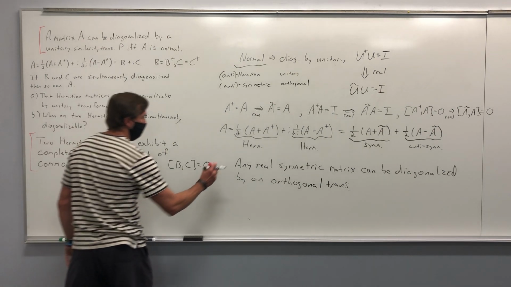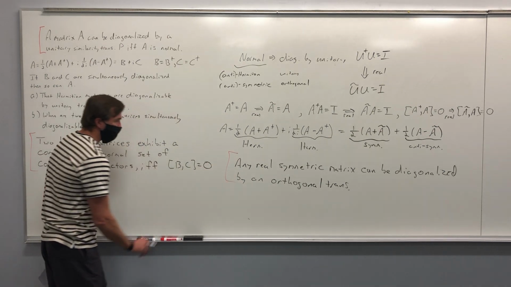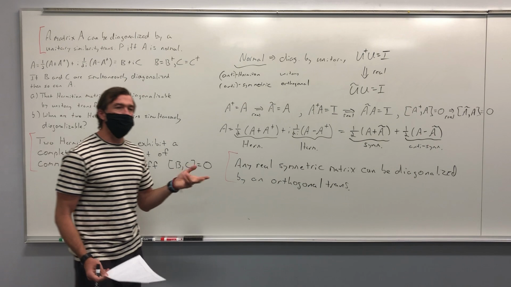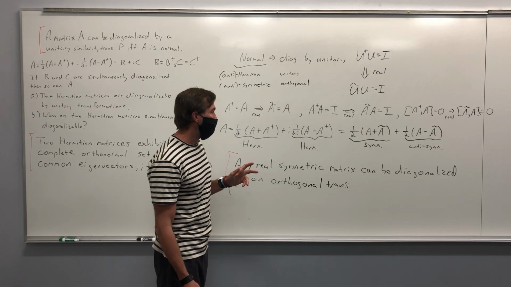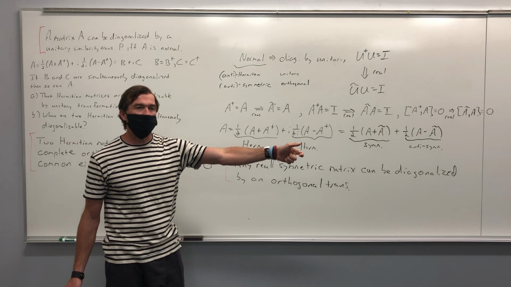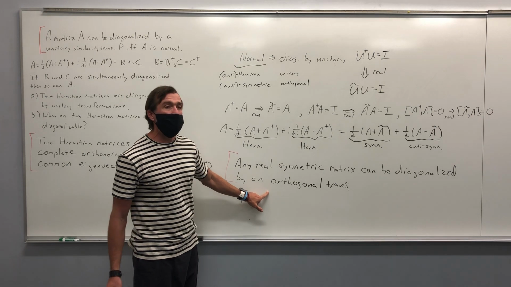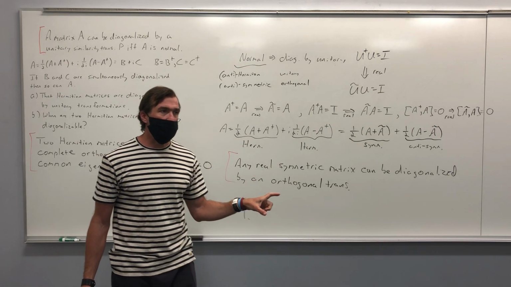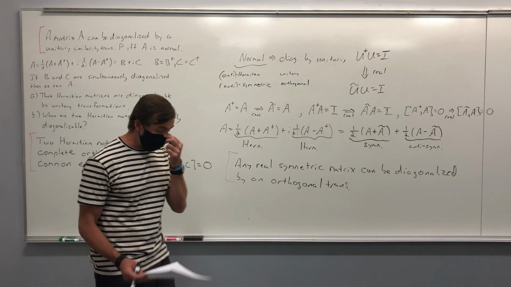Okay? So it turns out that if you're dealing with a symmetric matrix, that is, the matrix is equal to its transpose, then you can diagonalize it purely with an orthogonal transformation.